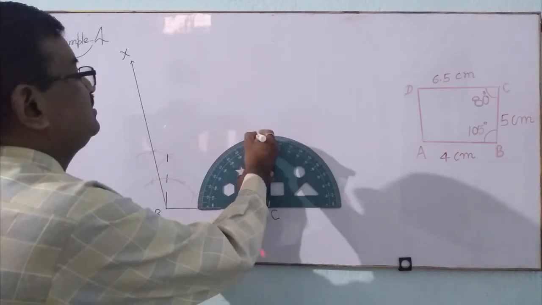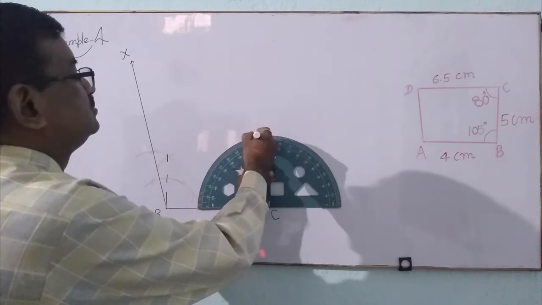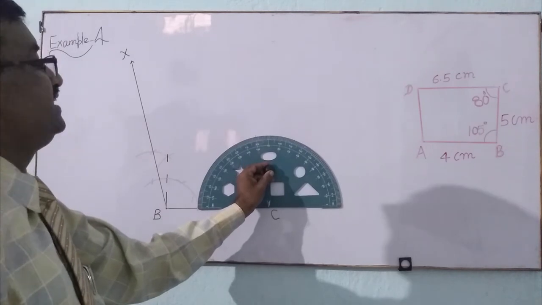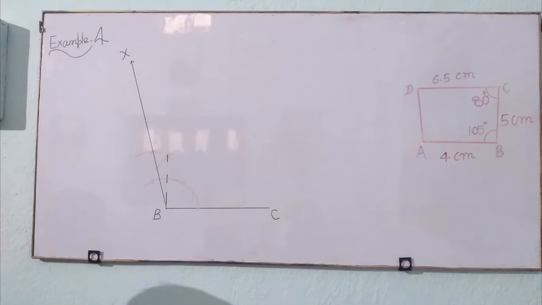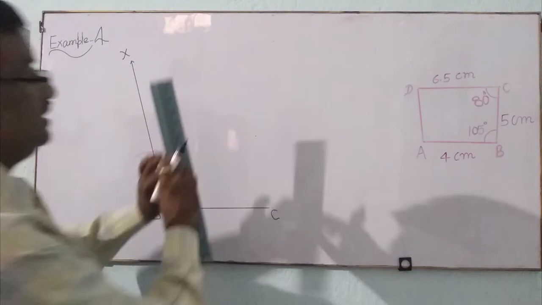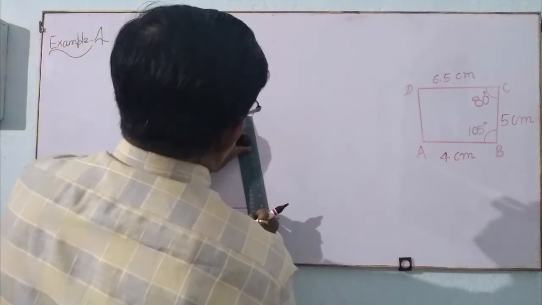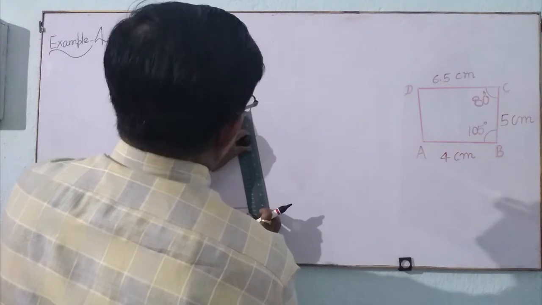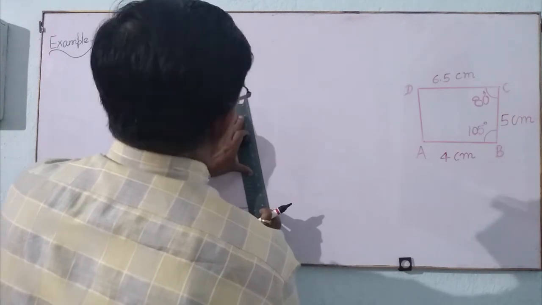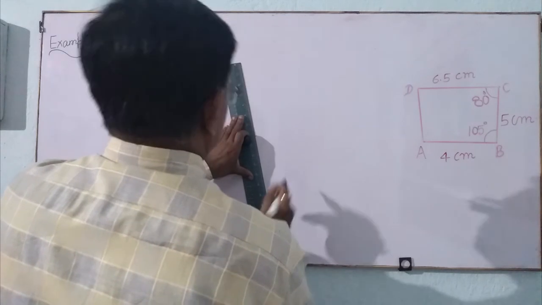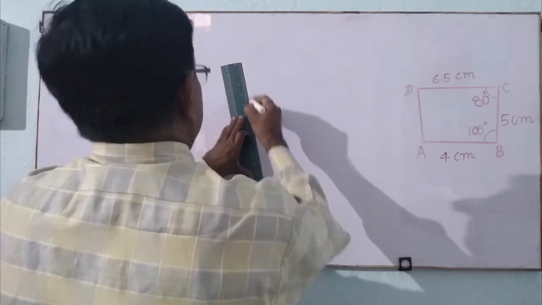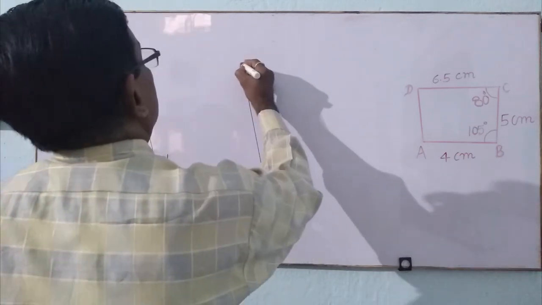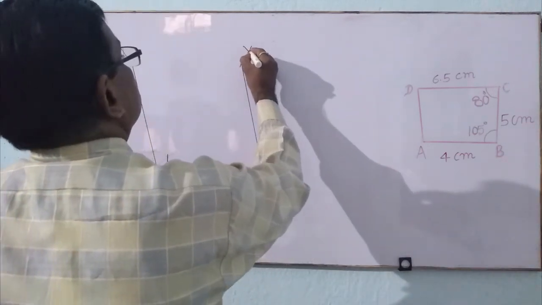For 80 degree, put here a dot. After putting a dot for 80 degree, just use your scale and put your scale properly at the point C. Then draw a ray. Call this Y.